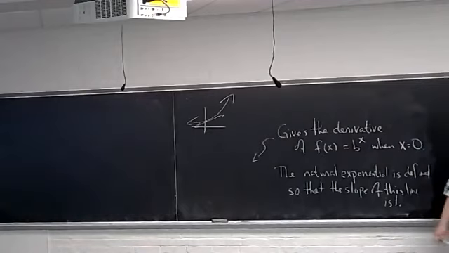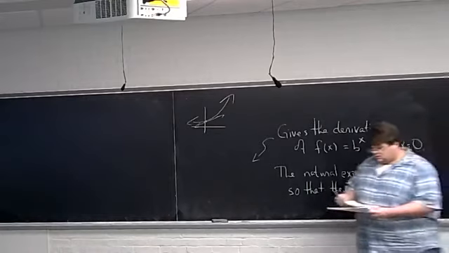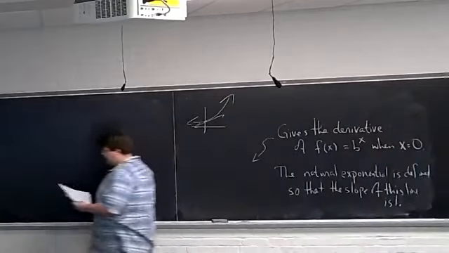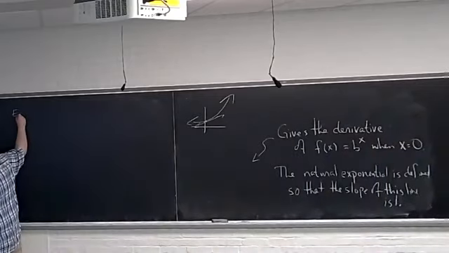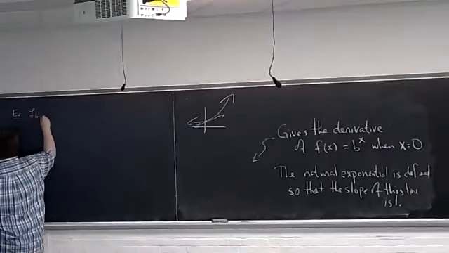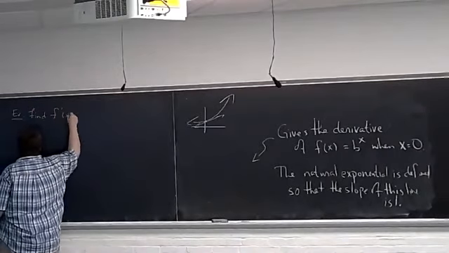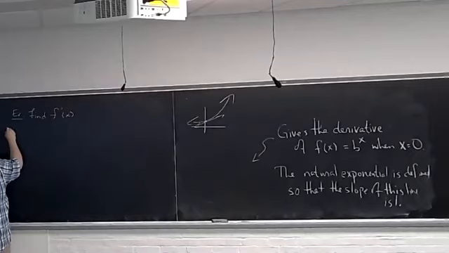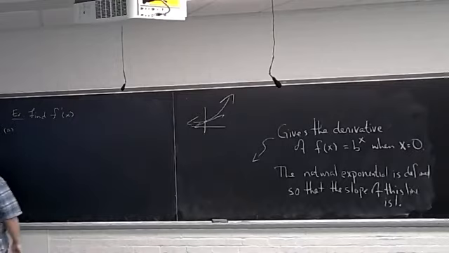Oh, and I will post that list of derivatives on Canvas once I scan them. Example, find f prime of x. Let's see, we didn't illustrate the product rule. Let's do this one first.